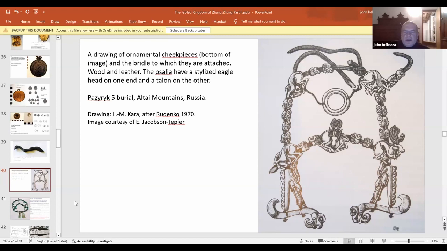So this particular one here is from Pazyryk V, probably dating to the third or fourth century BC. And we can see here the two bird-like figures with a talon, similar to the one in metal.